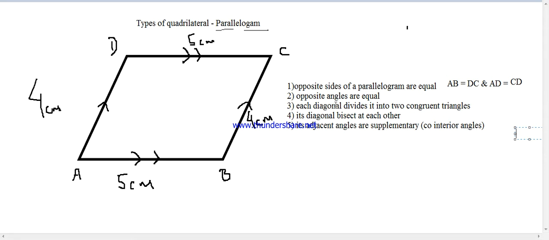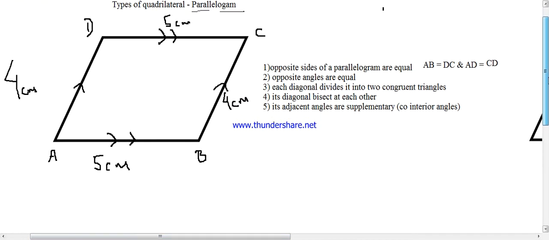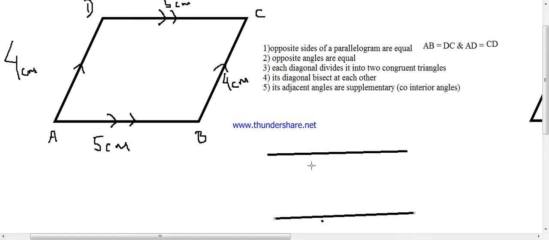Next point, they're saying opposite angles are equal. For this, we need to understand what we have done in class 7. For this point I would like to draw a parallel line. If you remember, over here line A is parallel to line B, and this is the transversal.